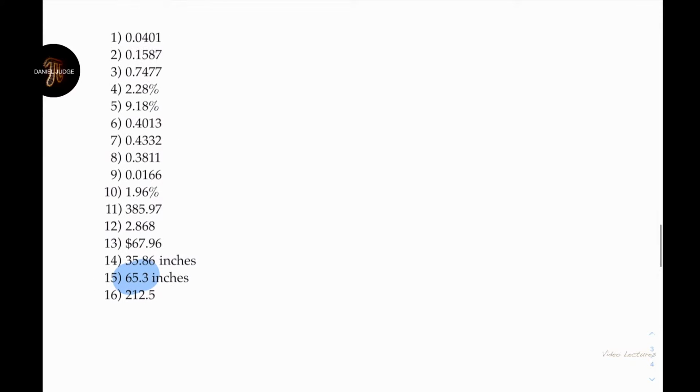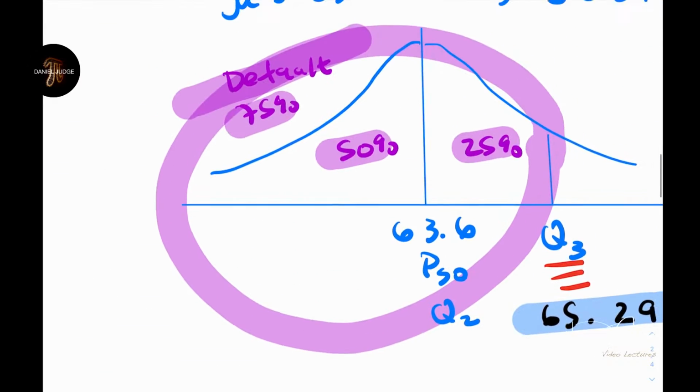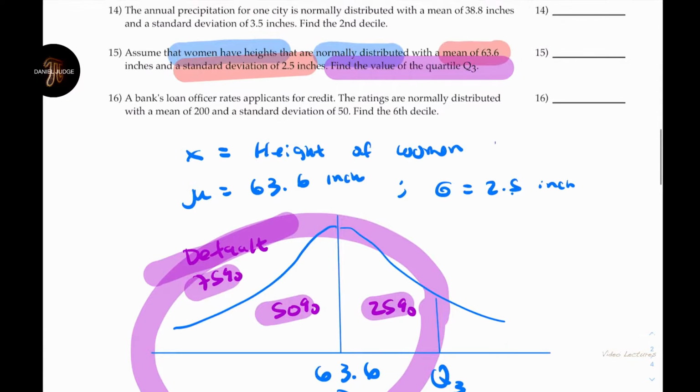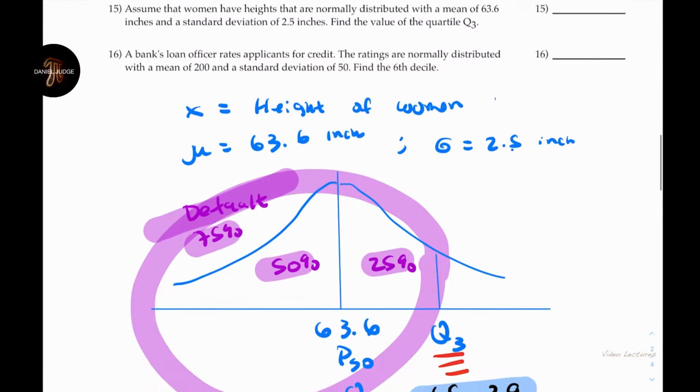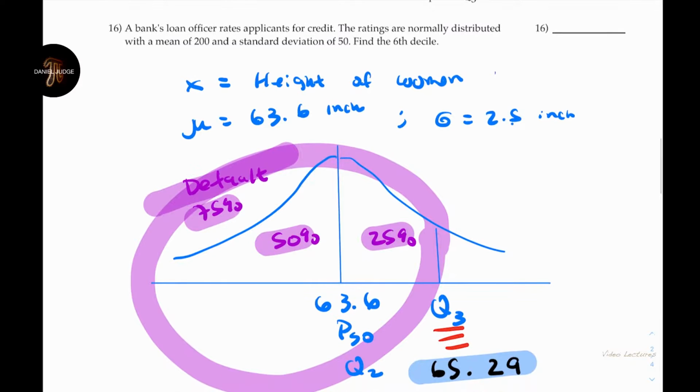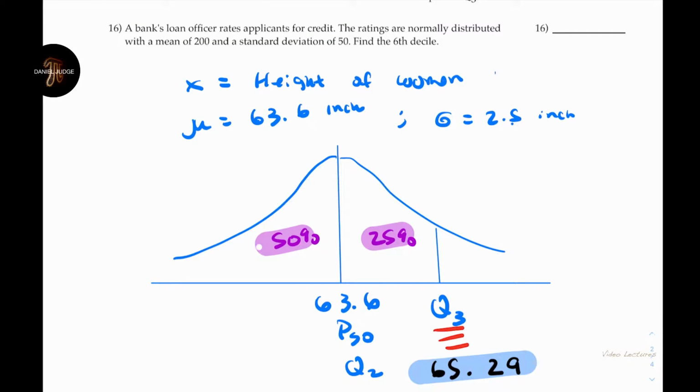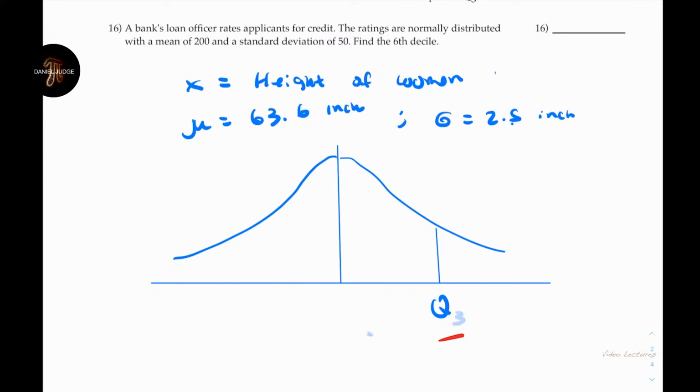The last one. Number 16. Okay, the last one. There we go. A bank's, let's go back to the bank here. Let's get rid of this stuff so it doesn't distract us. Okay.